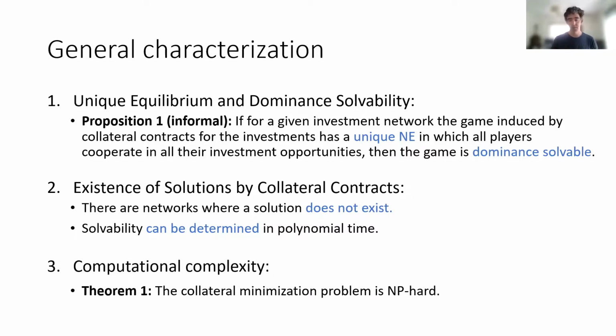And we also talk about computational complexity, and we show that in its general form, the collateral minimization problem is NP-hard. And the intuition is that if you have many investors in the same enterprise, then you're facing a kind of knapsack-like problem where you need to decide which investor is going to get the larger collaterals. So this is the basic intuition.